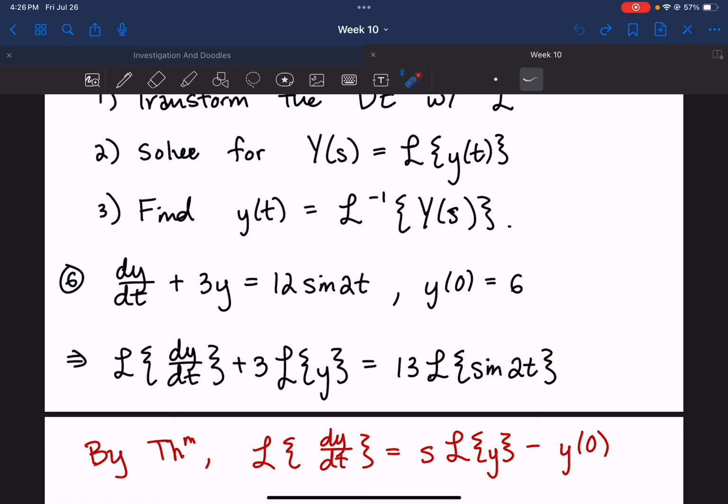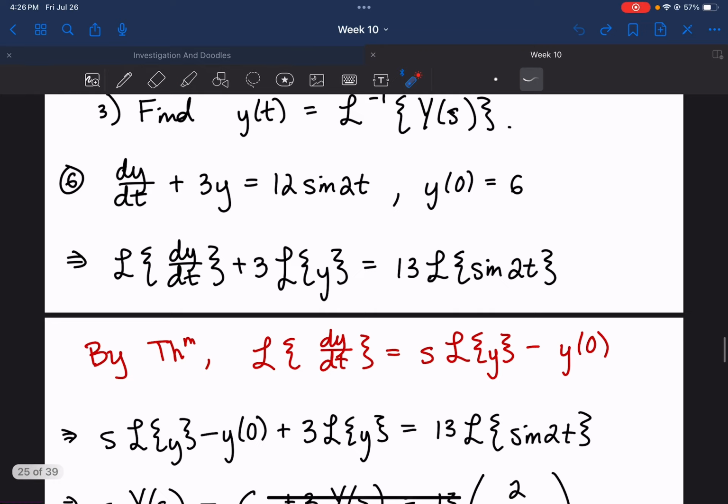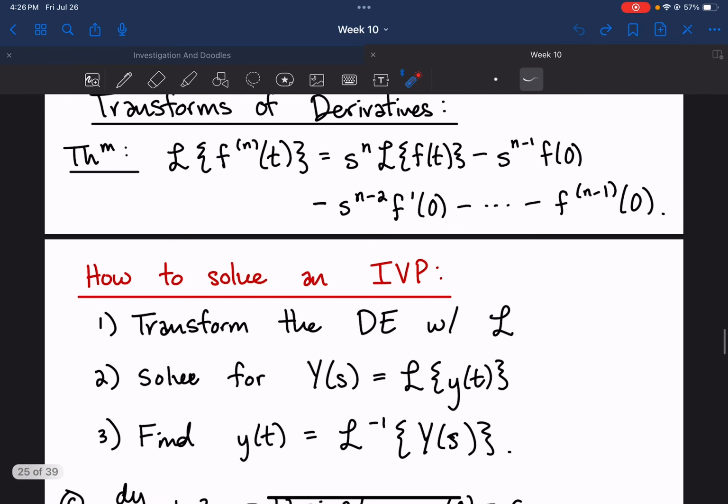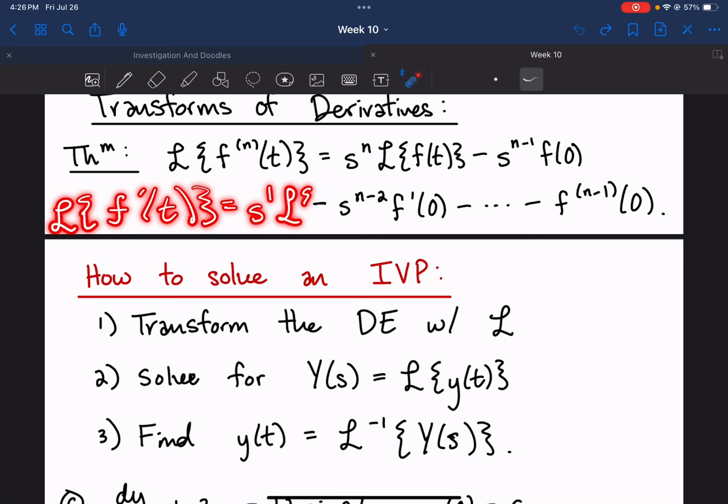By the theorem, the Laplace transform of the first derivative, right? If we look up here, the Laplace transform of f prime of t is going to be s to the first times the Laplace transform of f, minus, and then count down 1 power, you get s to the 0 times f of 0, right?